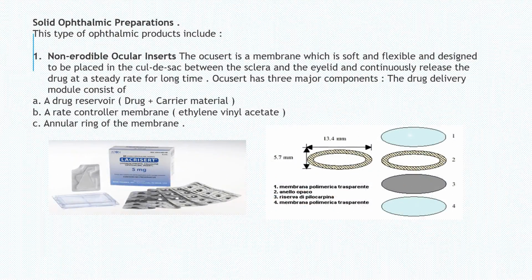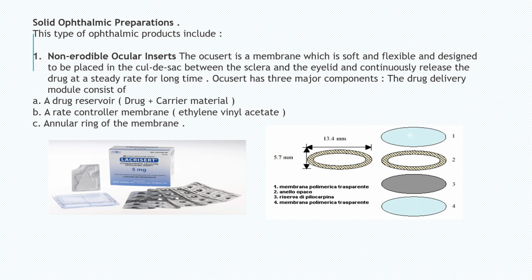Ocular inserts are of three types: non-erodible ocular inserts, erodible ocular inserts, and contact lenses. Non-erodible ocular inserts are soft, flexible, and designed to be placed in the cul-de-sac between the sclera and eyelid for continuous release of drug at a steady state.